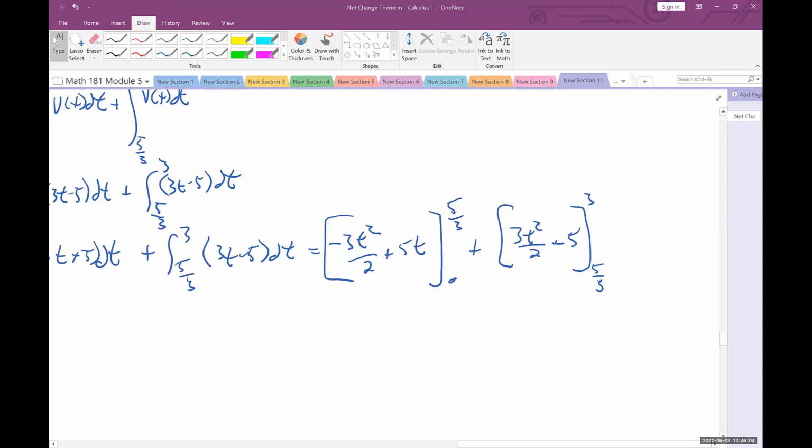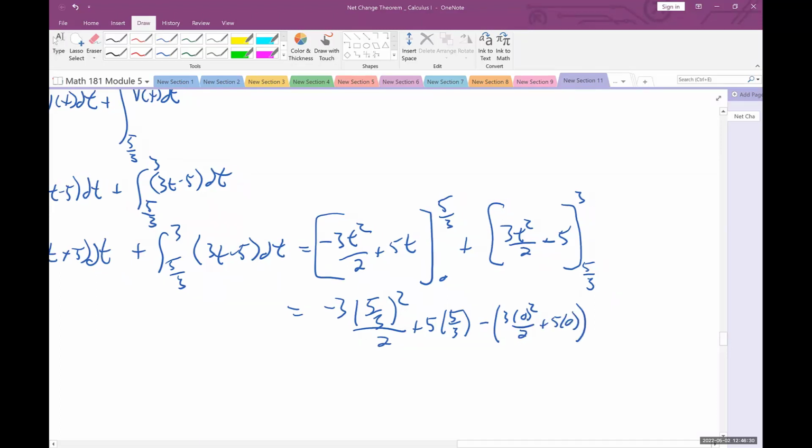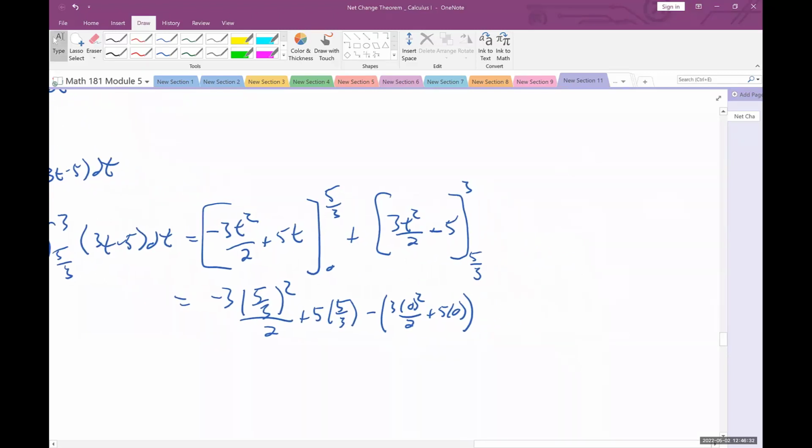Now it's a matter of plugging in the limits of integration. So it's negative 3 times 5/3 squared over 2 plus 5 times 5/3. And then we have minus the quantity 3 times 0 squared over 2 plus 5 times 0. So that just takes care of the first part.